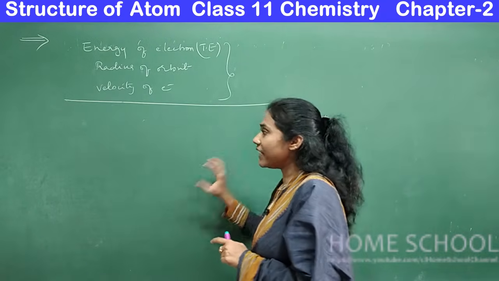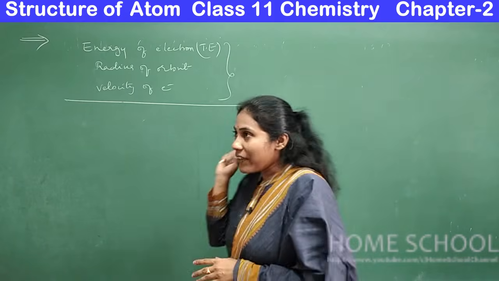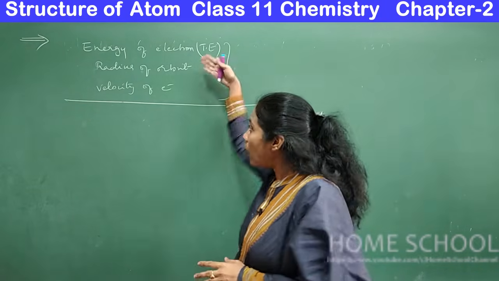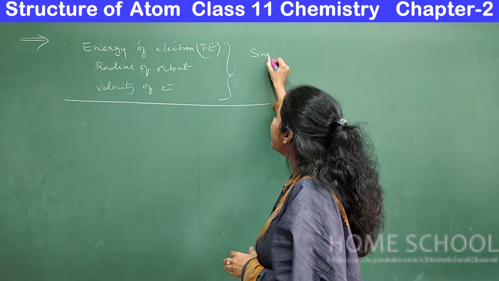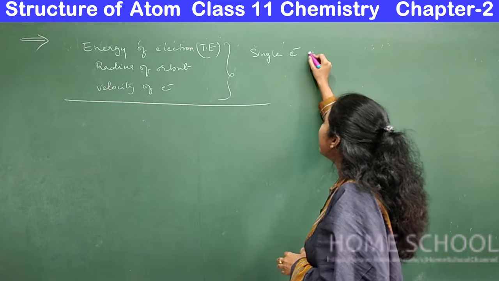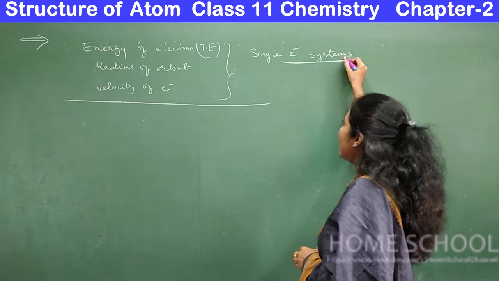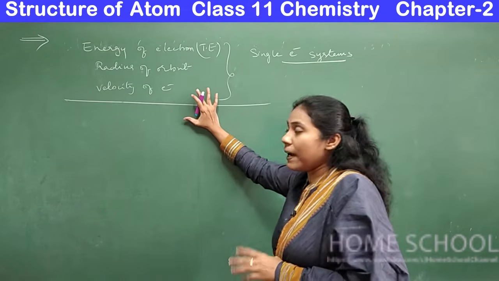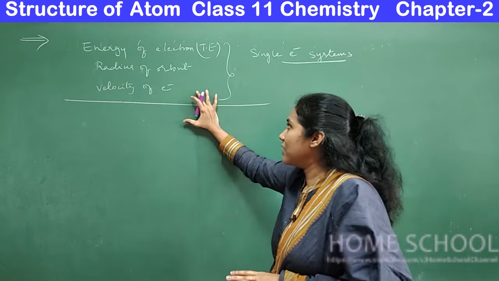I will give that concept. And very importantly, all these formulas you can use only for single electron systems. This is very important. So only for single electron atoms or ions you can use his formulas. That is actually the greatest limitation of Bohr's theory.